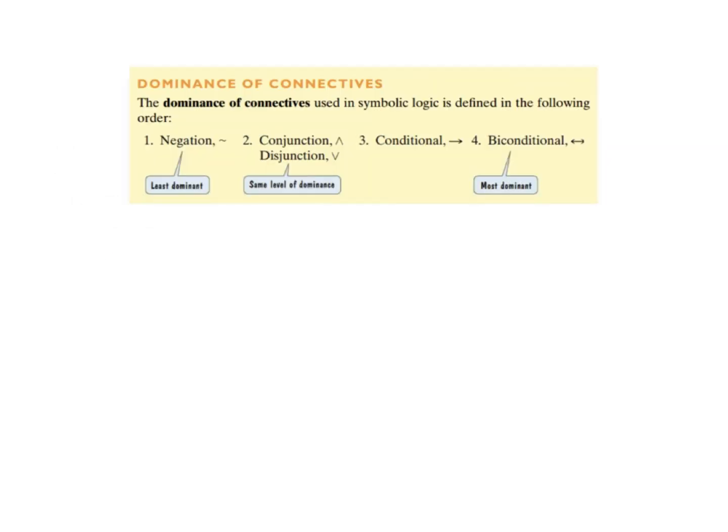Now, if you don't have a comma, the connectives that we use actually have an order from least dominant to most dominant. The negation is our weakest connective. The next strongest would be our conjunction and disjunction, and they're on the same level.